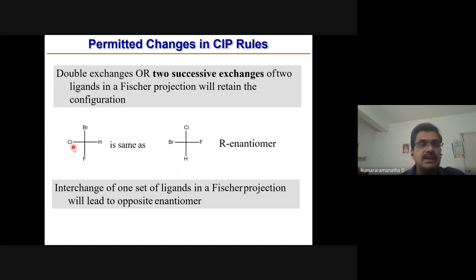So now you can see for the chloro-bromofluoro counterpart, these both are kind of enantiomers. Now, we have already seen in the beginning that if you interchange one of the ligands in a Fischer projection, we get opposite enantiomers. R will become S.